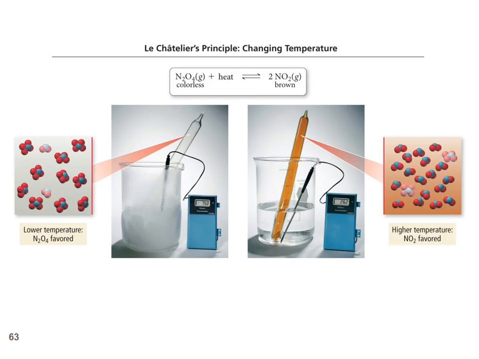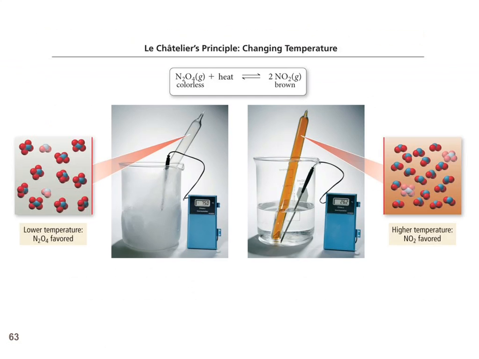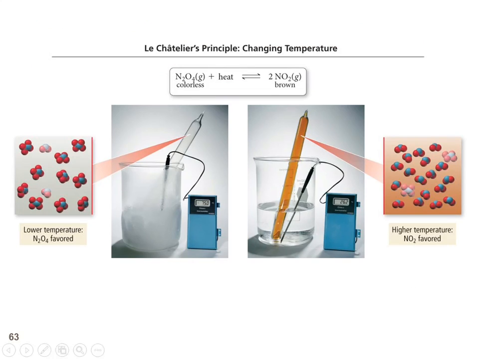Here we warm it up. So this is room temperature, and the tube turns brown. We've added heat. Adding heat causes the equilibrium to shift to the right.